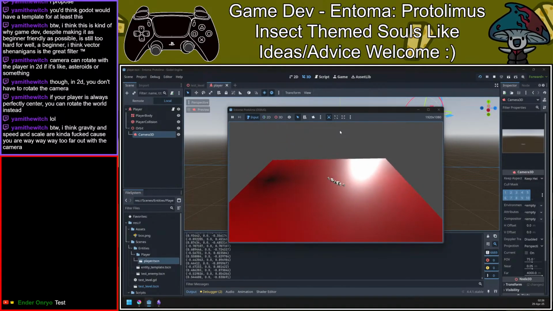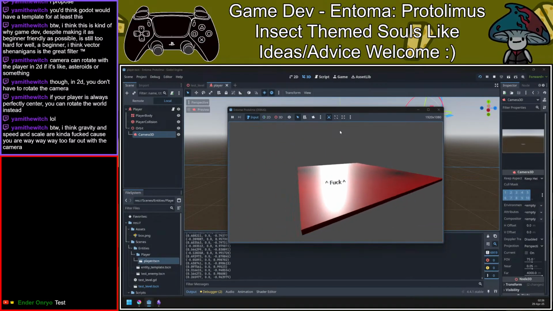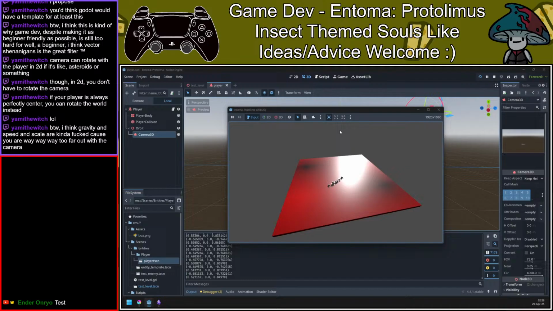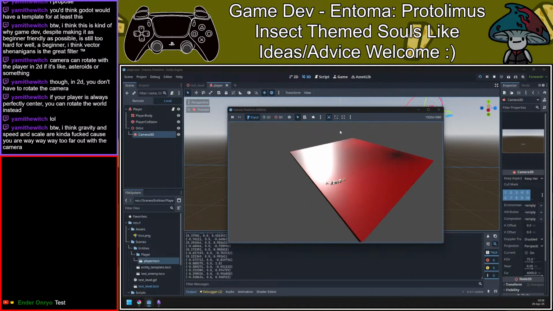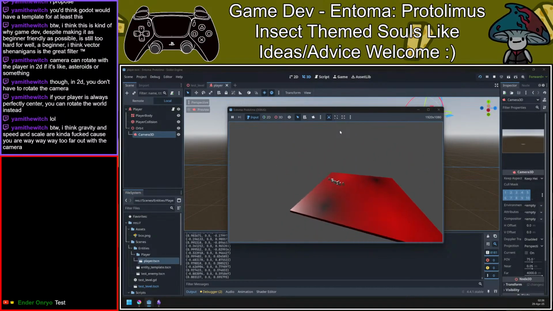Gravity and speed and scale are kind of messed up. Yeah. Although gravity and speed and stuff can be tweaked really easily. Actually getting the camera to function was much higher priority.